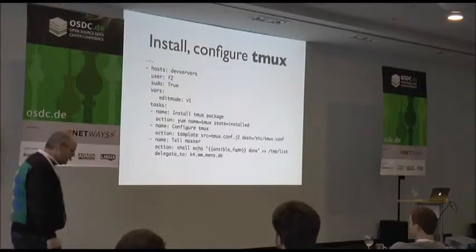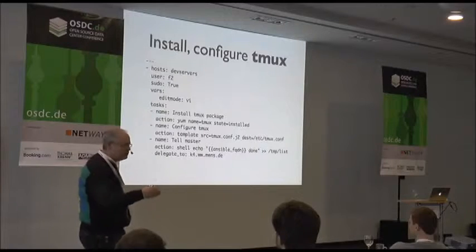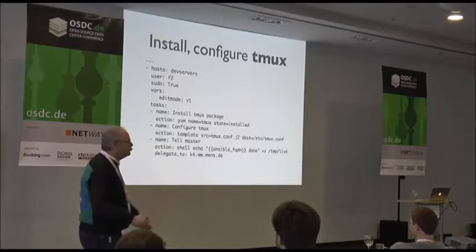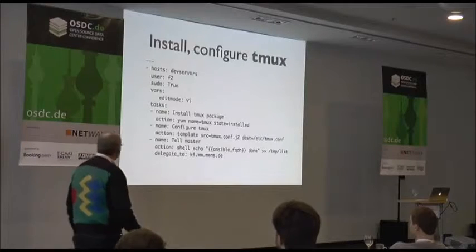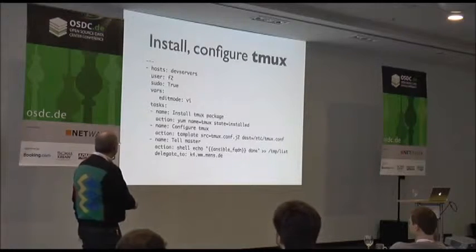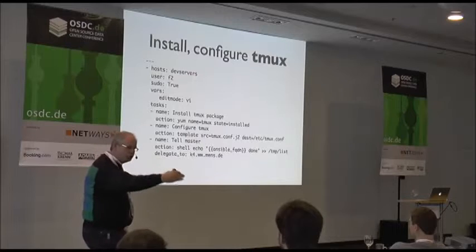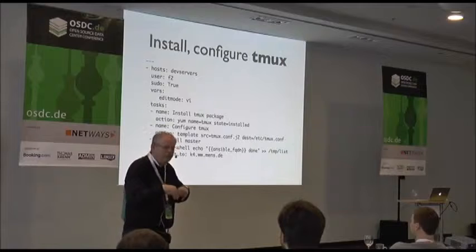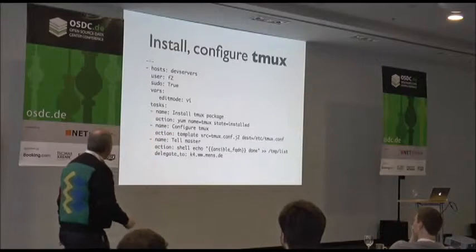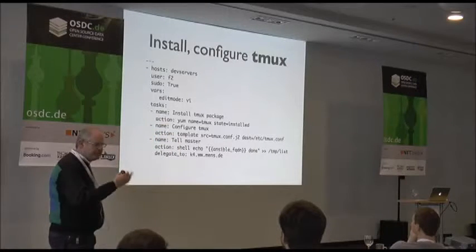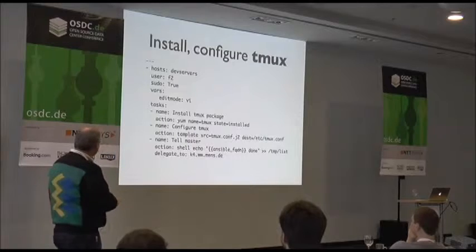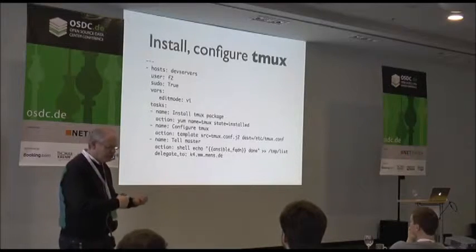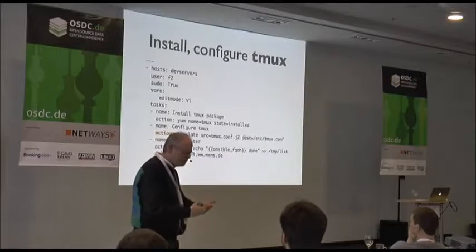So in the hosts key, we specify our targets, any amount, all or dev servers or this box, but not that box, etc. Then user: as which user do we want to log into the target machine? Default is the user I'm logged in as. Do I want to run sudo on the other side? Yes or no? This is optional because here we're going to install a package, so we need root privileges.